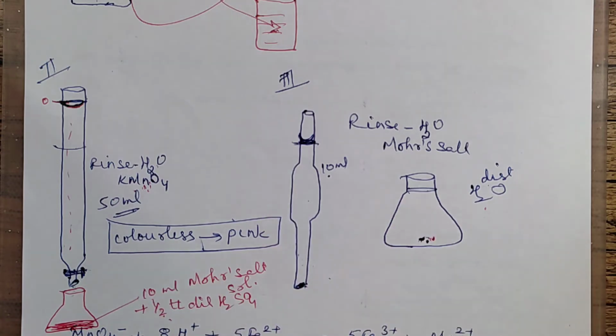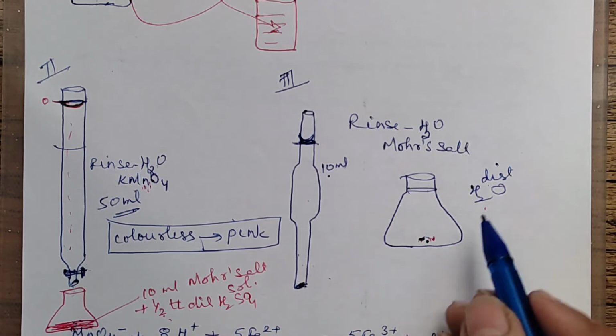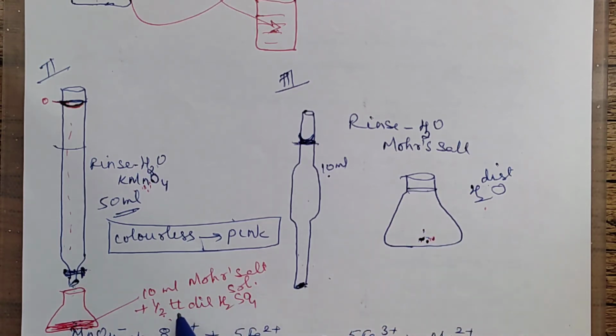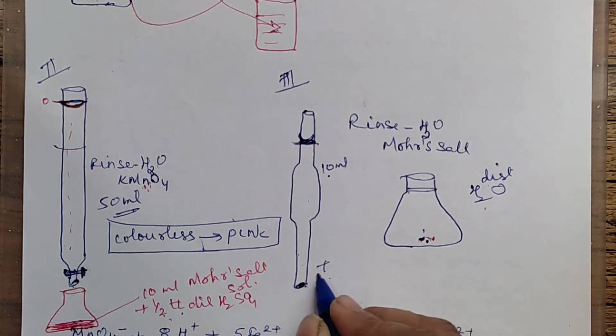Wash this conical flask with tap water. Rinse with distilled water. Again take 10 ml Mohr salt, half test tube dilute sulfuric acid, and titrate again. So you will have to perform this experiment 3 times.